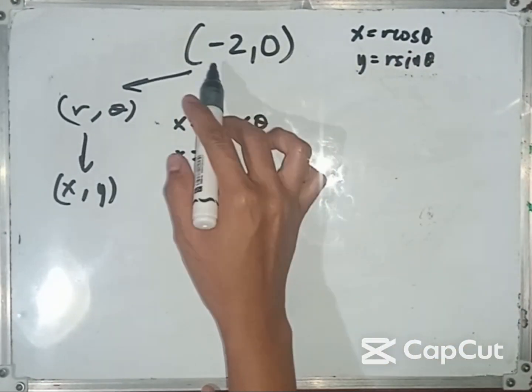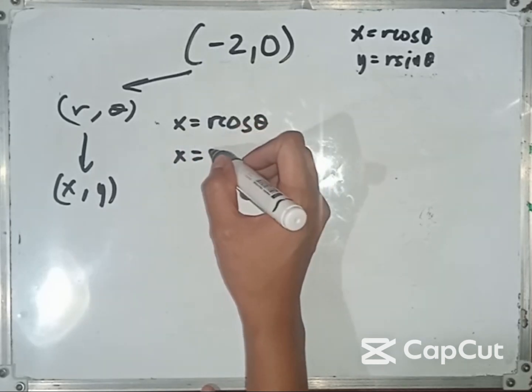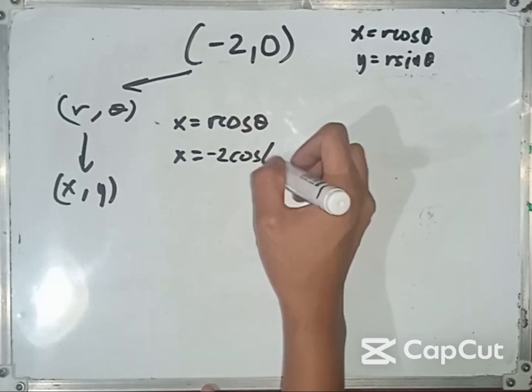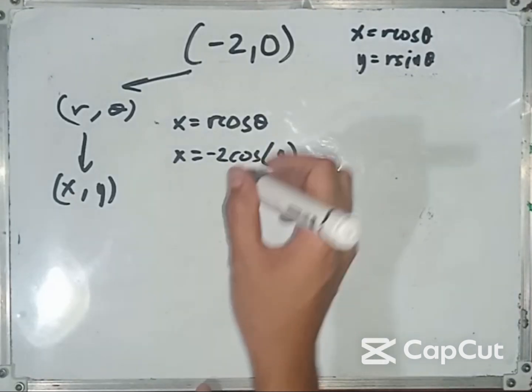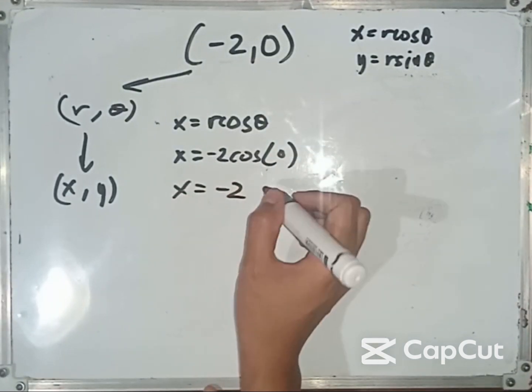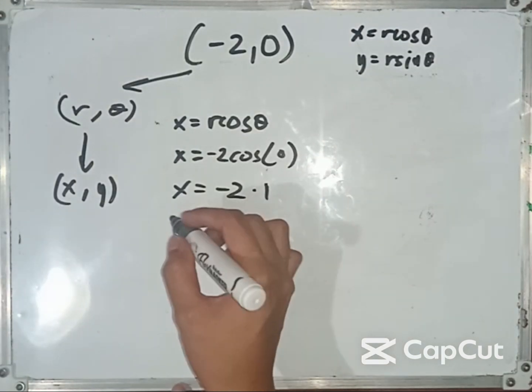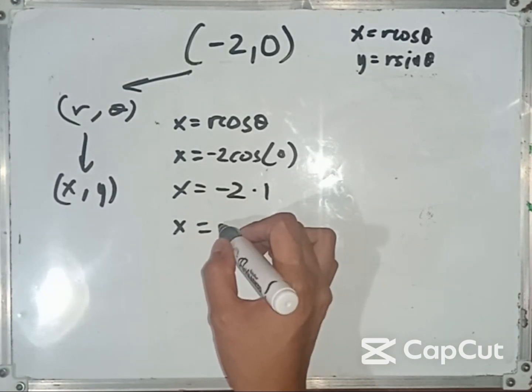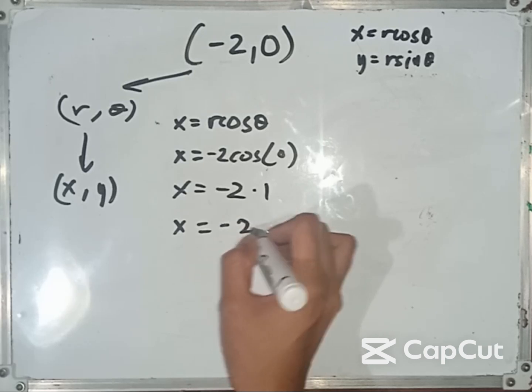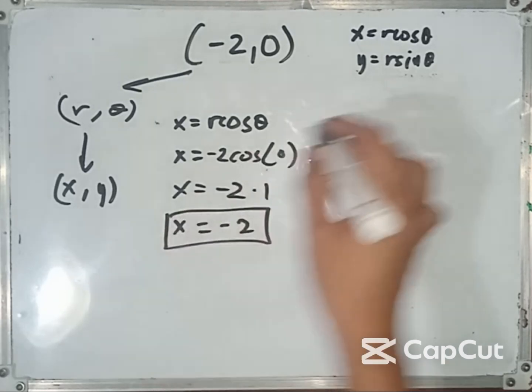So x is equal to negative 2 times cosine of 0, which is 1. So x is equal to negative 2 times 1, which is negative 2.